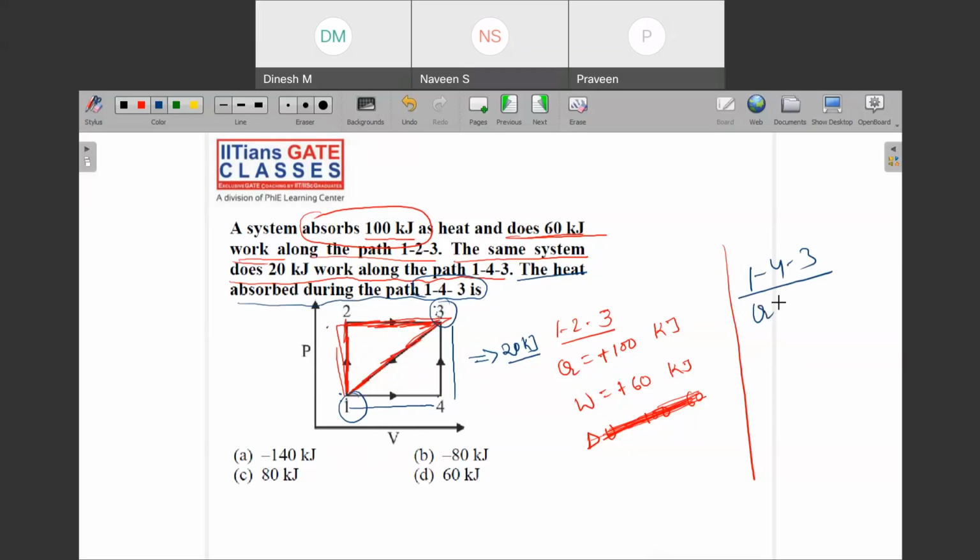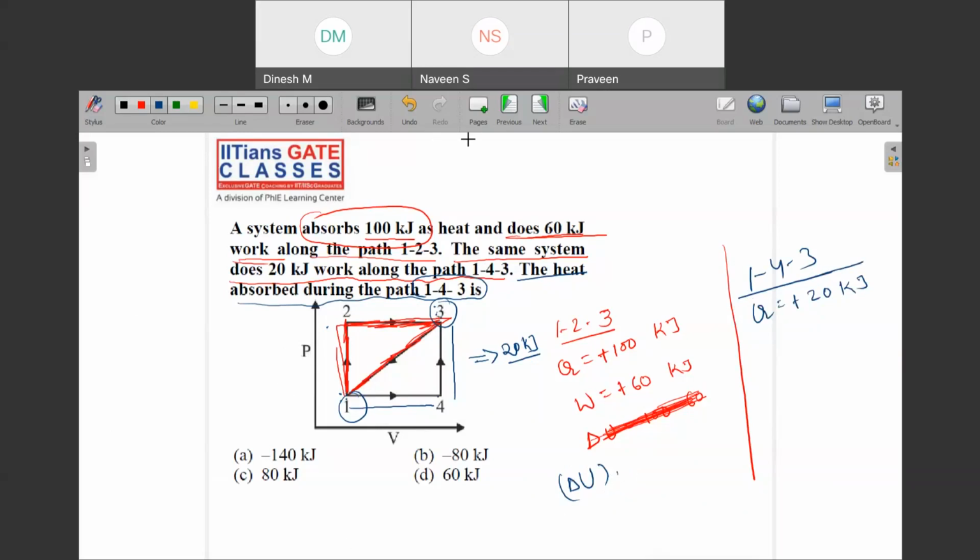So W becomes plus 20 kilojoule, okay? So what is delta U here for 1, 2, 3?